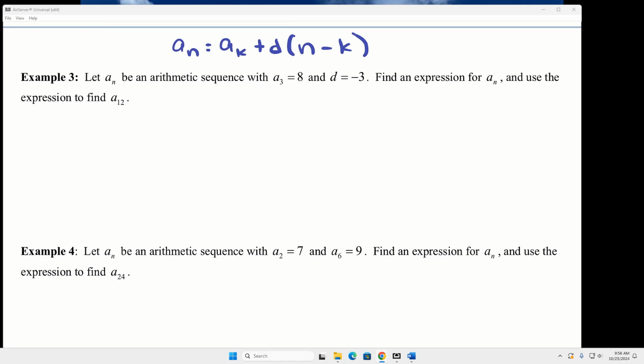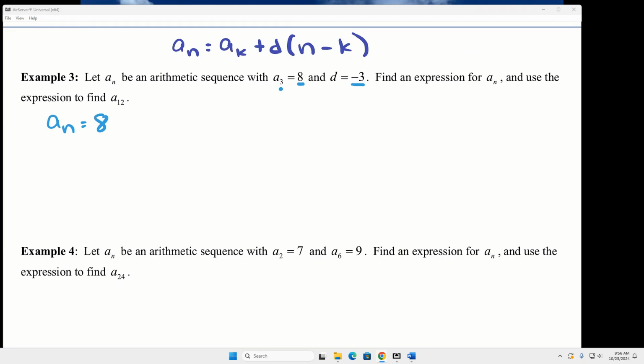Okay, so the first thing we're going to do is find an expression for a sub n. All right, and these are the things I know. So what do you think I would put in the place of a sub k? We have choices. We have this 3, we have this 8, and we have this negative 3. So a sub k is actually going to be the term, which is 8.